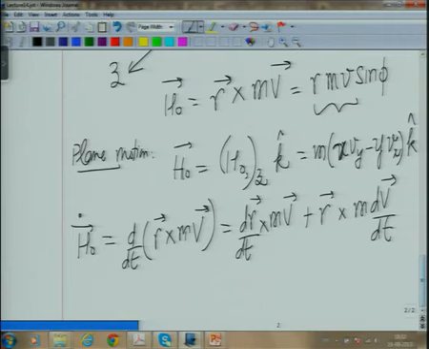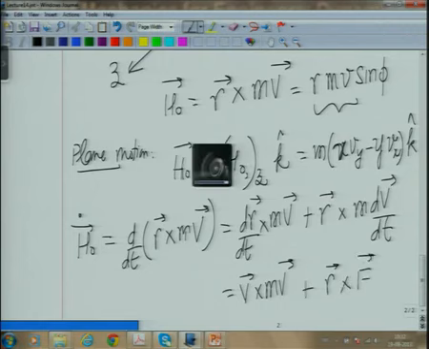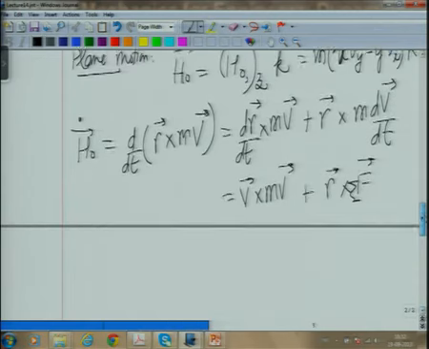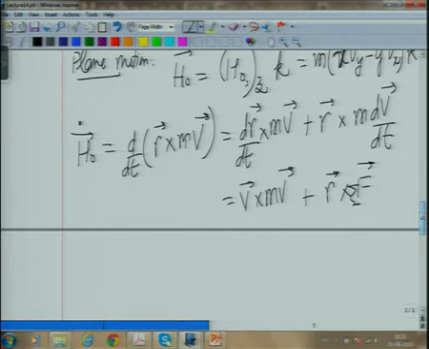Okay. Now dr by dt is nothing but v. So it will be v cross m v plus R cross the sum of the external forces. And from here what we get is this quantity v cross m v is 0.